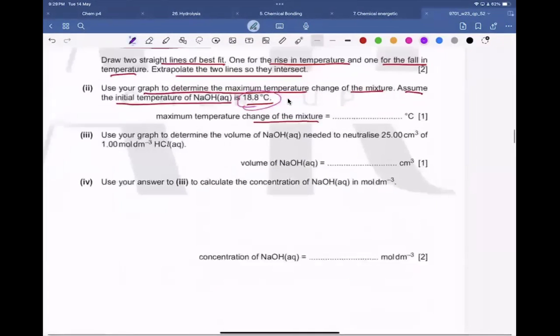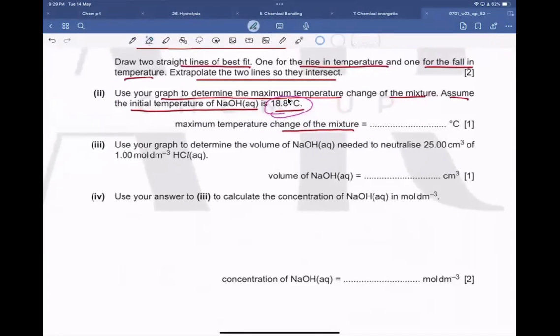So it is going to be 27.9 minus 18.8. Can anyone tell me the value, please? Is it 10.1 or 9.1? 9.1, right?